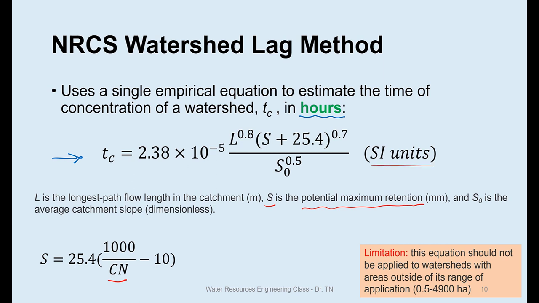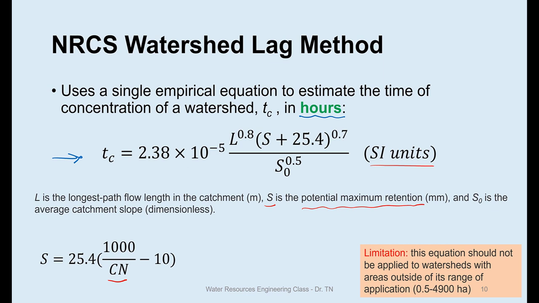Curve number depends on the land use, hydrologic soil group, and the hydrologic condition of your watershed. So based on these three factors, each basin will have one value of curve number. When the curve number is low, a lot of your rainfall is going to be converted to infiltration, and when curve number is high, a lot of the rainfall is going to run off the surface, generating surface runoff.